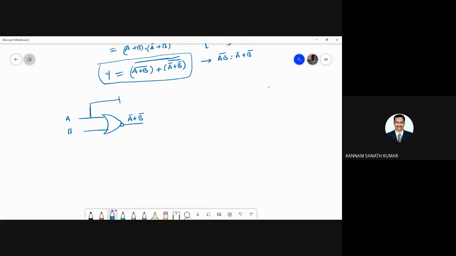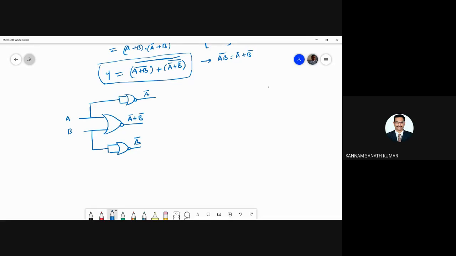It is connected to an inverter represented in NOR gate. So here you are getting A bar. Now again take the B input, and it is connected to an inverter, which is represented in NOR gate. You are getting B bar.